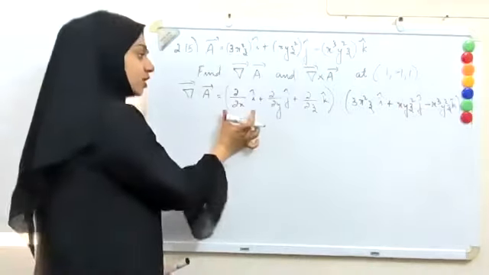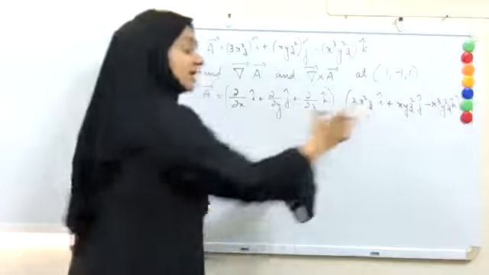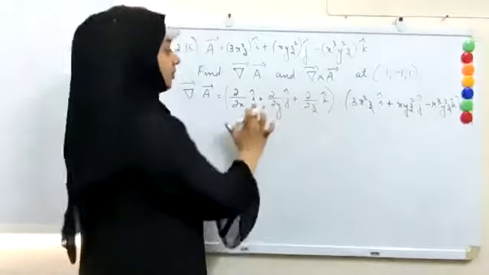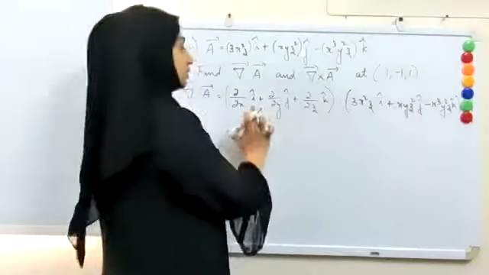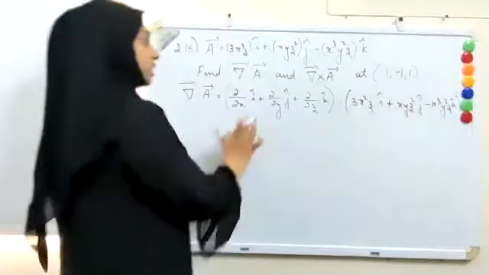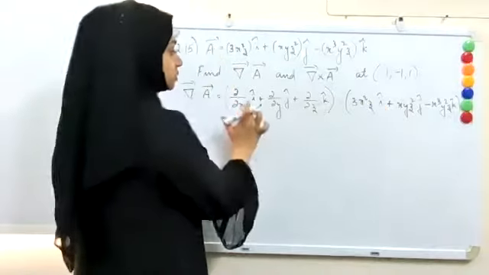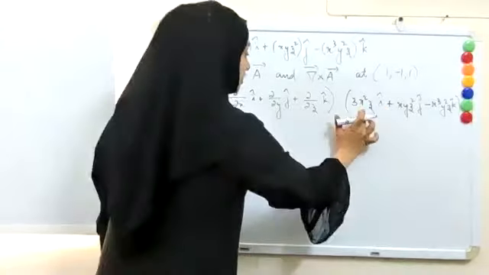So when I take the dot product, i dot i is 1, i dot j is 0, i dot k is 0. So I have to consider only i dot i, which is 1.